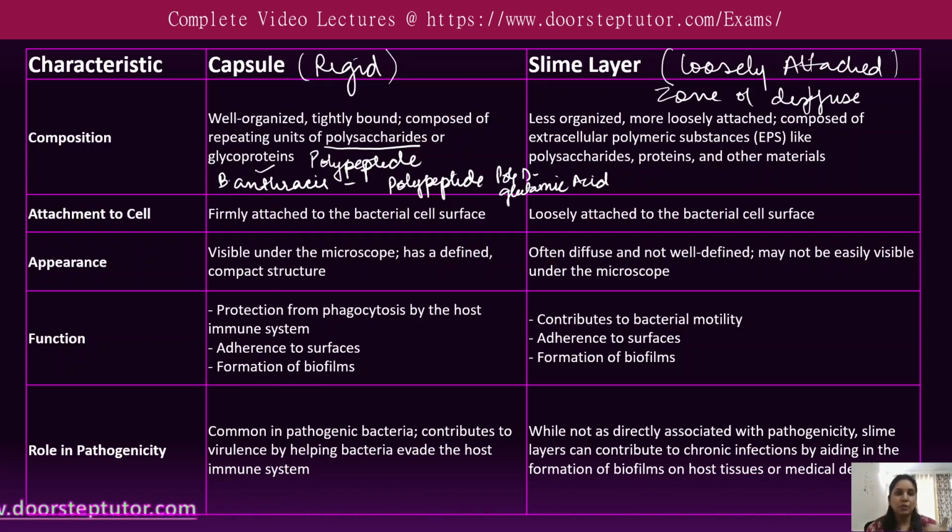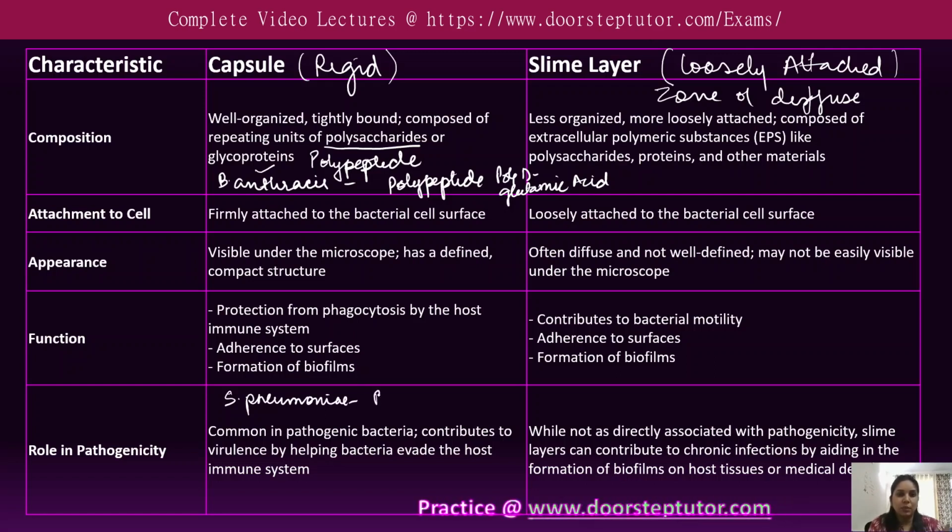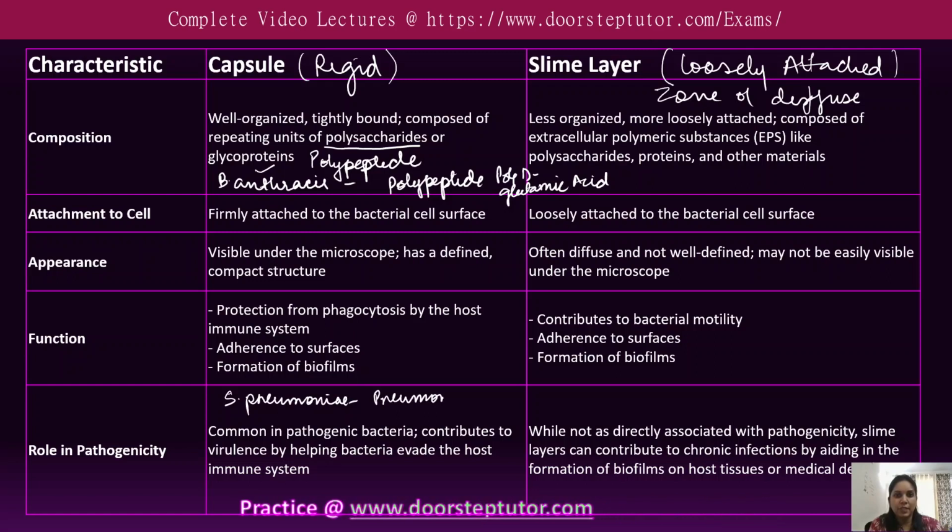So, their main role is in pathogenicity. For example, Streptococcus pneumoniae is responsible for causing pneumonia as well as ear infection.